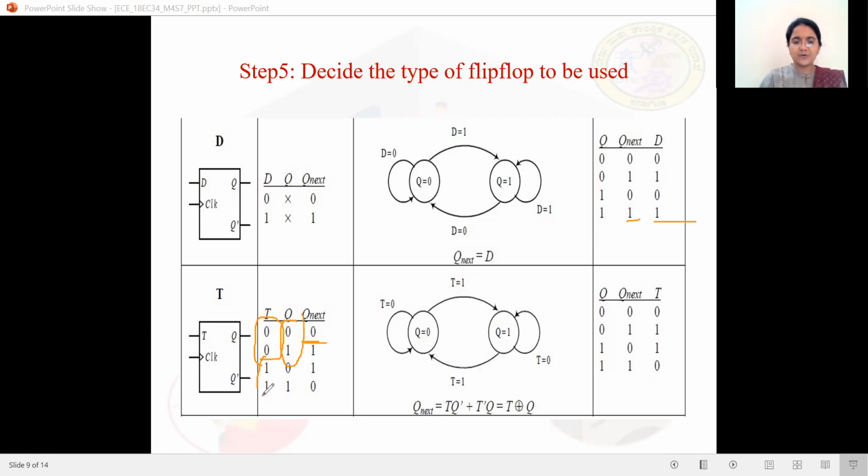But when T is equal to 1, the present state is toggled. For 0, 1, we are getting 1, 0. But for the D flip-flop, whatever the present state may be, whatever input we give for the D flip-flop will be our output, that is the next state.